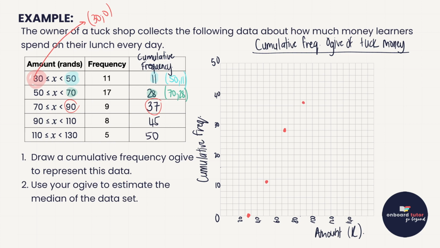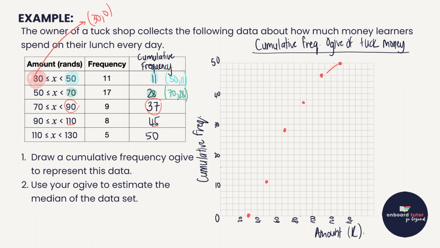There we go. Starting to see the S shape unfold here. 110 and 45. And then finally 130 and 50. There we are. Okay, so there's our ogive.